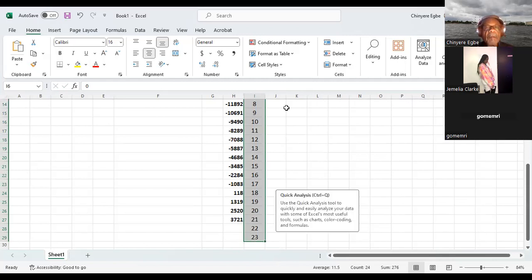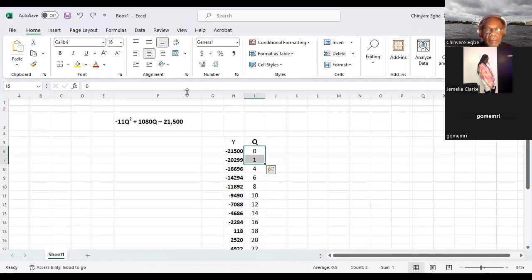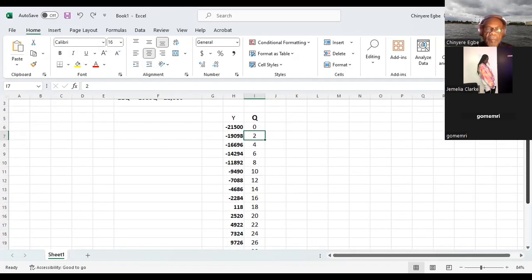Well, let me go back to what we have. So if you produce only 4, you are still losing money. But at what point do you go from negative profit? Remember, this is your profit.